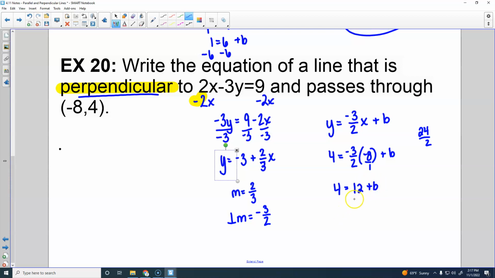And then we just need to subtract 12 from both sides. So negative 8 equals b. And so we need a slope of negative 3 halves, a y-intercept of negative 8. So our equation is y equals negative 3 halves x minus 8.